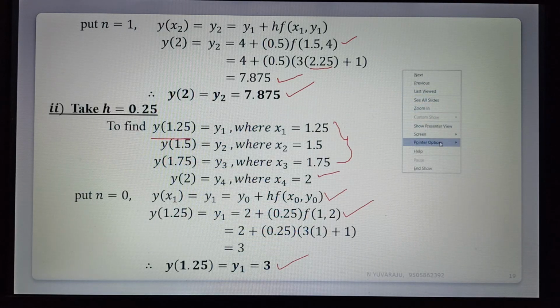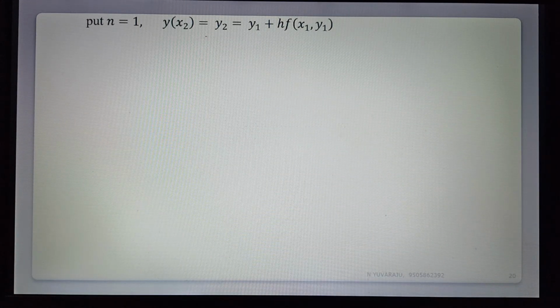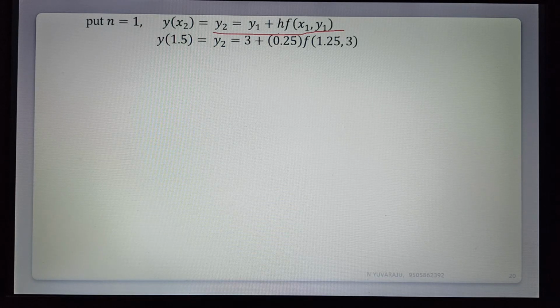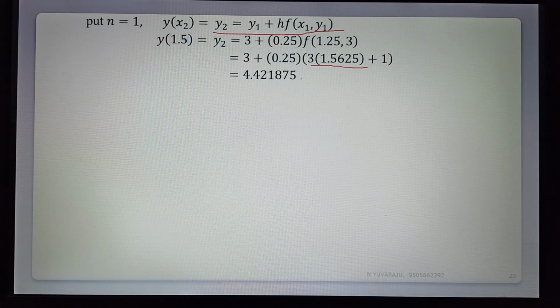Next, similarly, y2 is equal to y1 plus h into f of x1 comma y1, substituting the x1, y1 values. So f of x comma y means 3x square plus 1, that is 3 into 1.25 whole square plus 1. Simplification is 4.421875. So this is the second value.